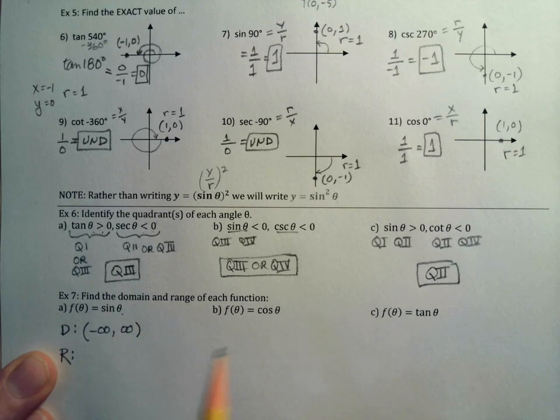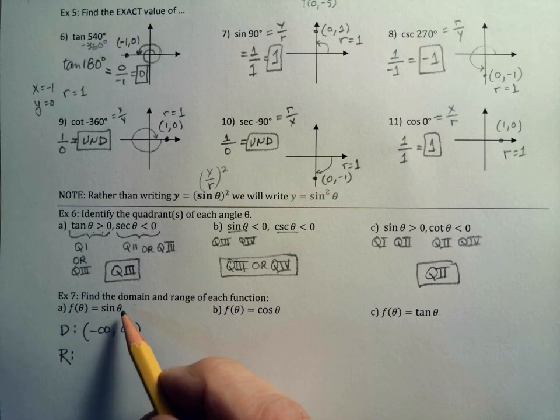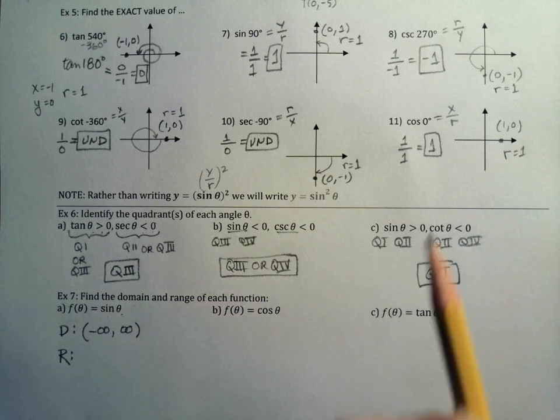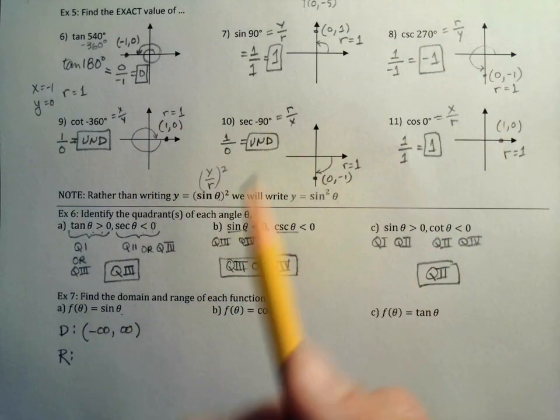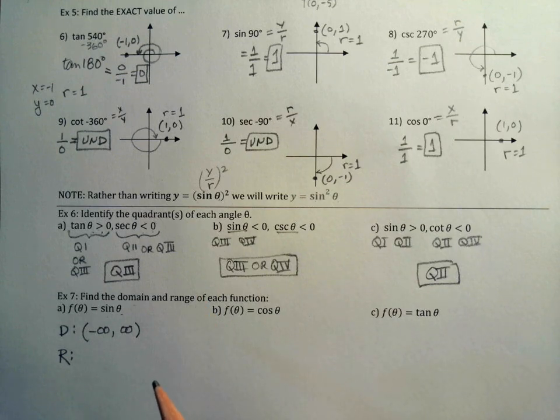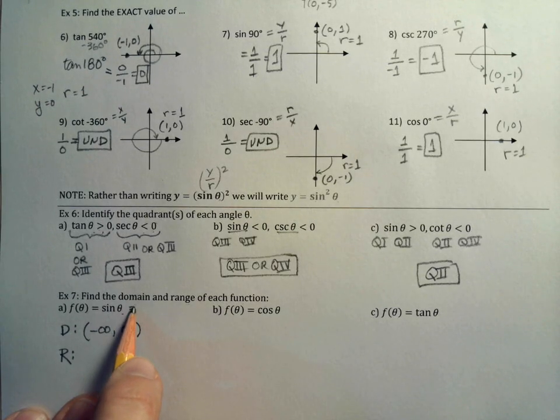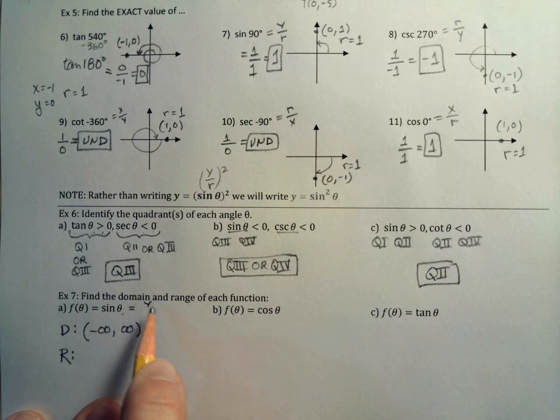Now the range. So how big can this get? You probably notice some values up here, and this would actually be an easier question to answer if we were playing around with our calculators a little bit more. But remember what the sine is. The sine is y over r.